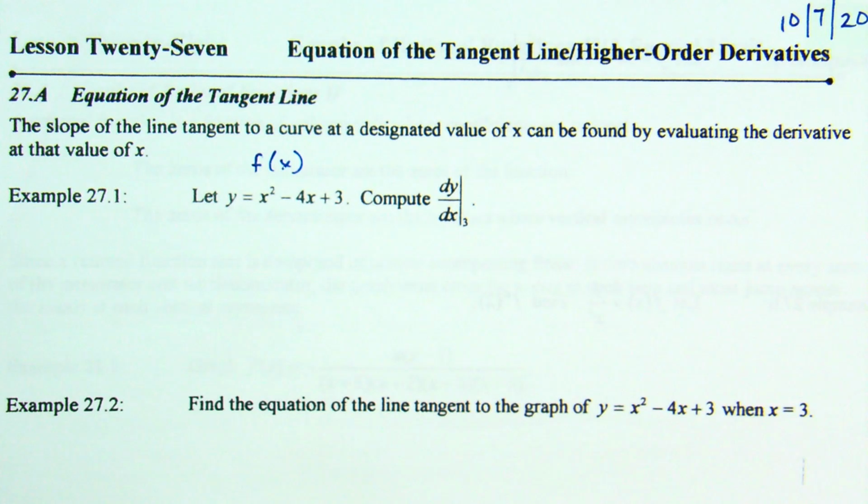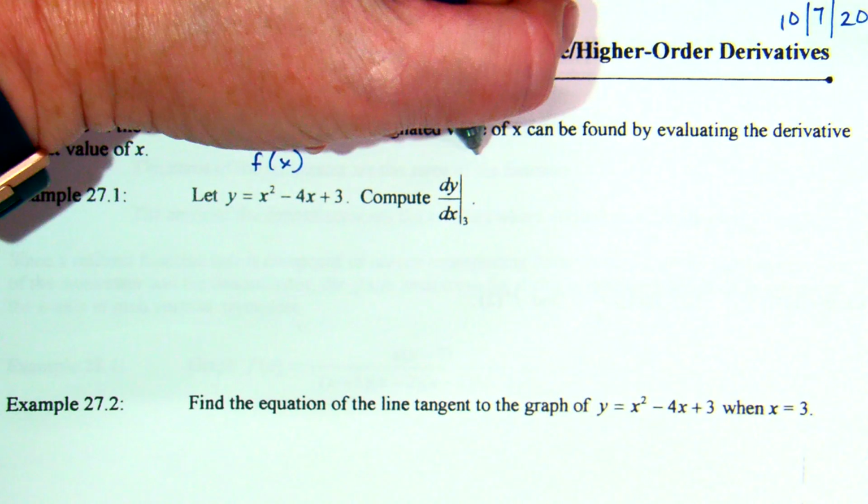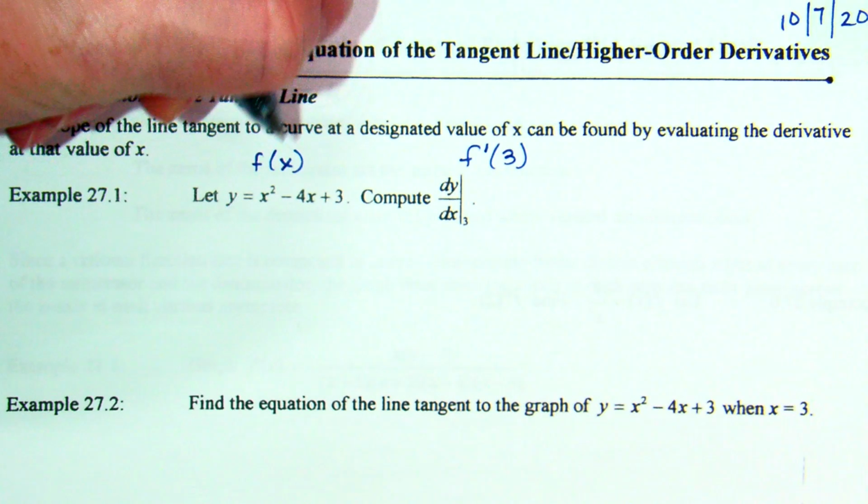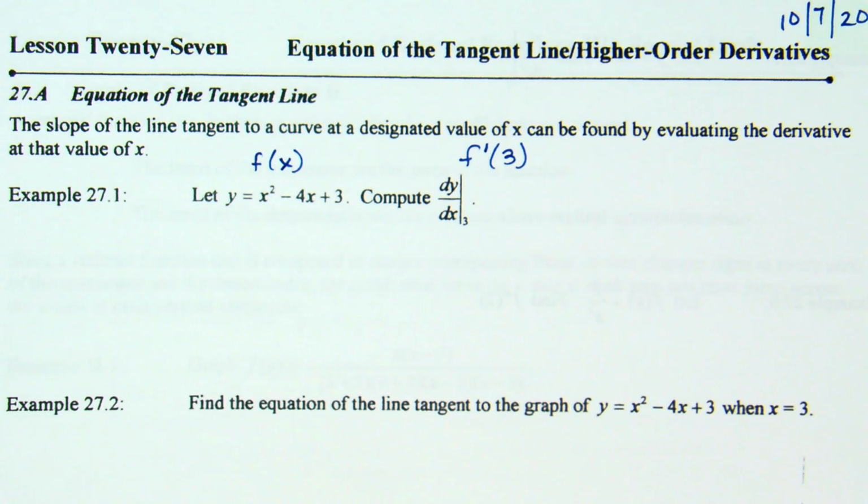That is your function. If that is my function, I'm being asked to find the derivative at 3, which means we're being asked to find f prime of 3. Does that make sense? Okay, let's do it.